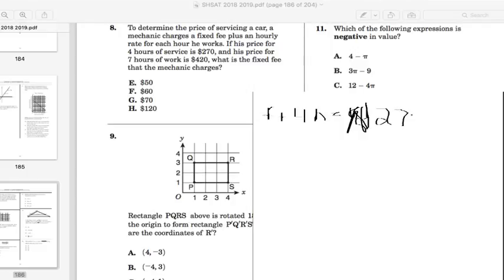I'll figure out a thicker thing the next time we go through this. And then the other thing is that the fixed fee plus 7 hours is 420.